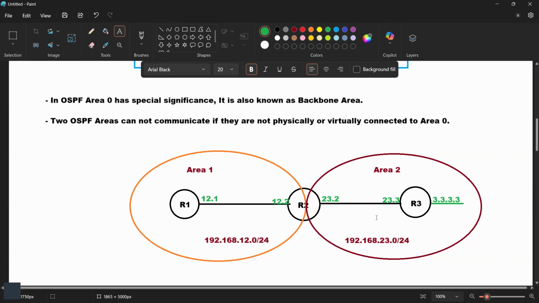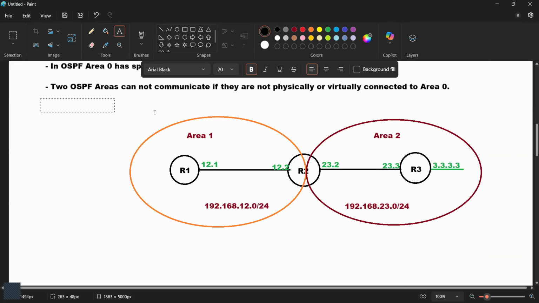Not a part of the area. Even though they are directly connected, still they will not communicate. Why? Because these are two different areas and they are not connected to area 0. Clear? Two different areas in OSPF are not going to communicate if they are not physically or virtually connected to area 0.